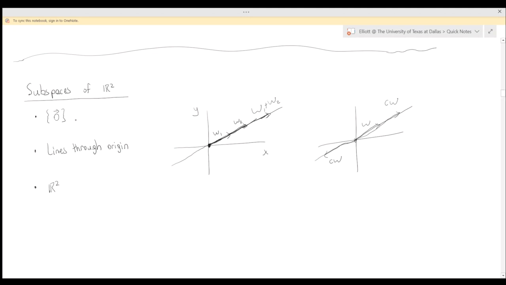So then, aside from these examples here, there are no other subspaces within R2. In other words, these are actually the only subspaces within R2.